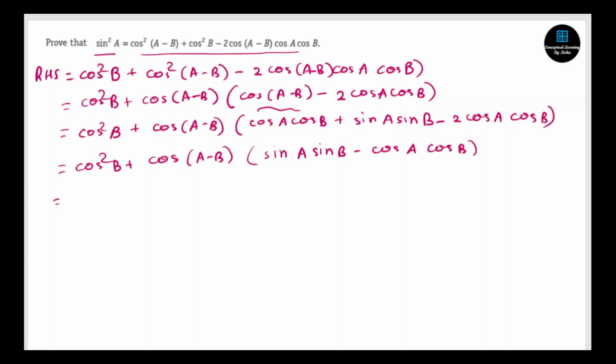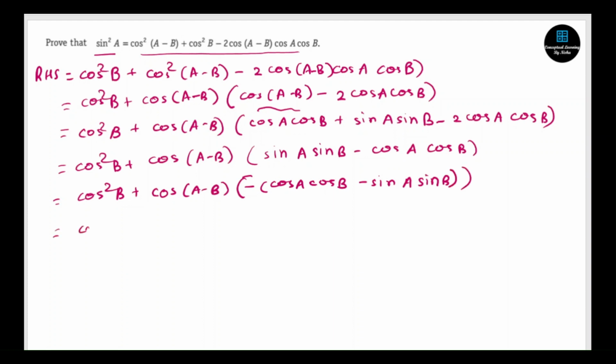So this is nothing but cos square B plus, now here this is cos A minus B. Now I have to take the minus sign common. So I'll take minus sign common, and then I can write this as cos A cos B minus sin A sin B. Right? And then I can apply the formula. So I will get cos square B minus cos A minus B, and when I apply the formula I'll get cos A plus B.